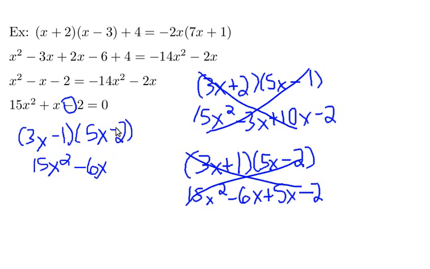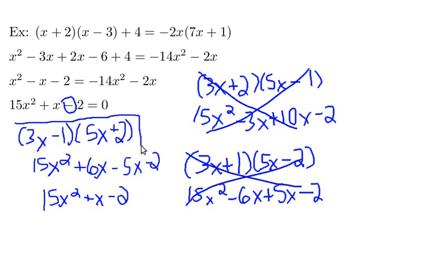Whoops, I forgot to put the plus there. Plus 6x, I meant to switch those signs. Plus 6x minus 5x minus 2. Now we have 15x squared plus x minus 2. So that means this is the correct factorization.